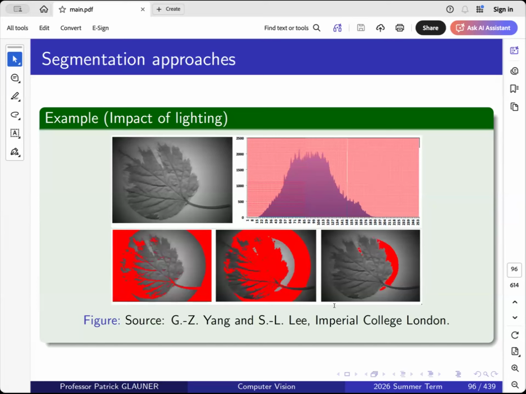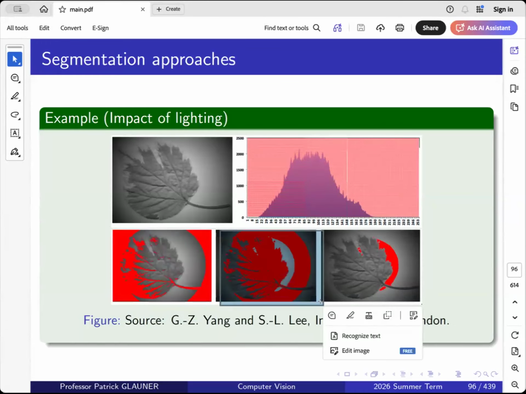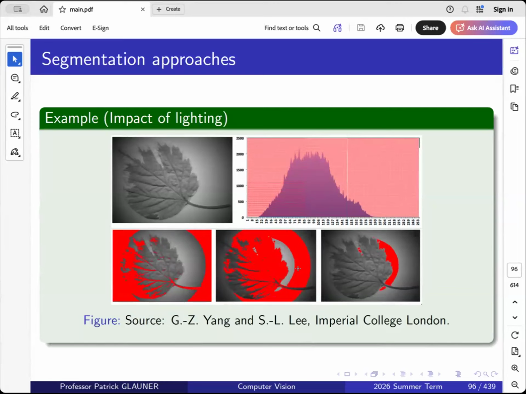So if we try to use these thresholds from before, we really don't get anything useful, because here we're just building segments, and these segments would be processed further, say for object recognition. But if I have a segment like this or that, I don't think this is any useful shape or anything useful that could be processed very well.